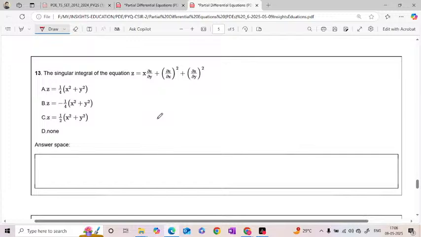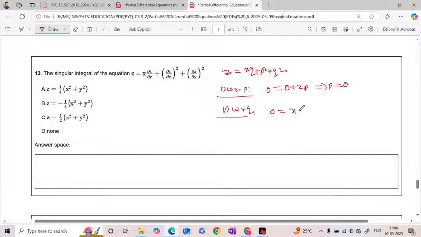Singular integral. The differential equation is z equals x cube p square plus q square. Actually there is a printing mistake. Okay, singular integral. After differentiating with respect to p, we get 2p equals 0, so p is equal to 0. Now after differentiating with respect to q, 0 plus 2q is equal to 0.